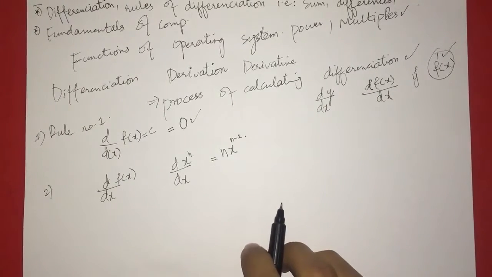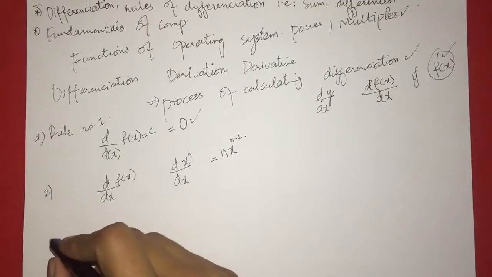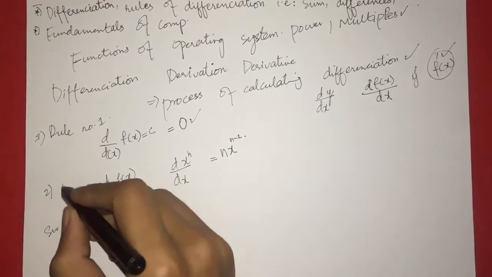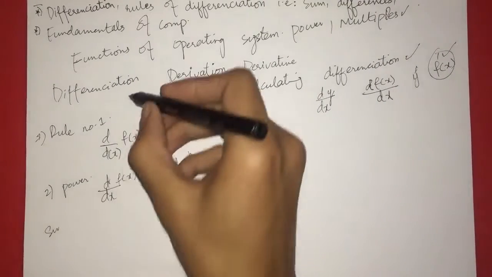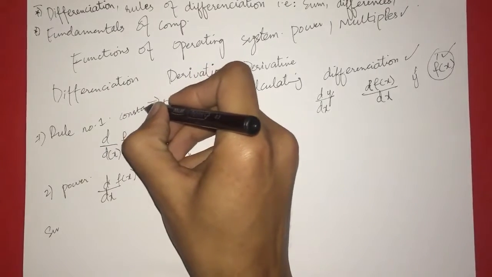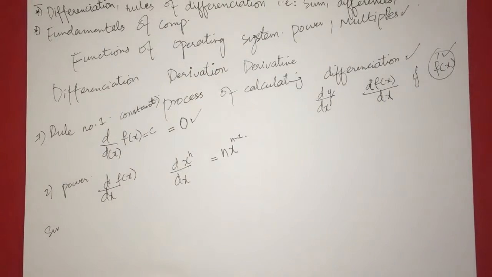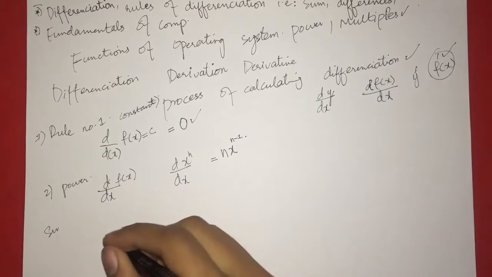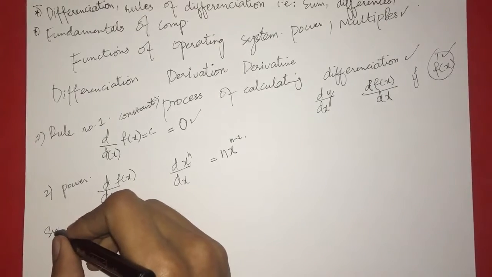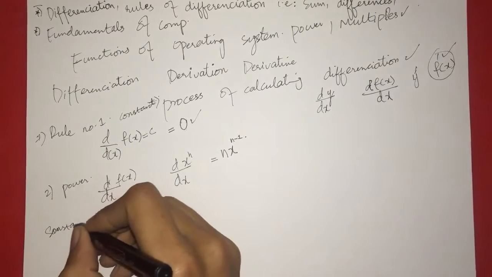Then after that we have the summation rule. So this was the power rule, this was the constant rule, and we should also discuss here the constant multiple rule.